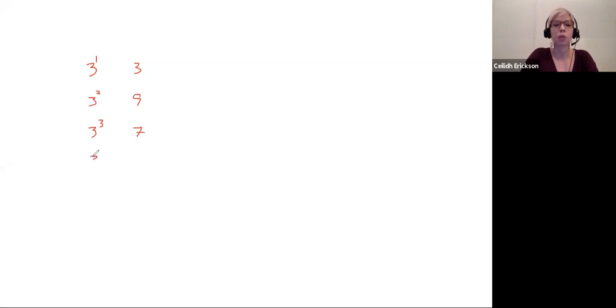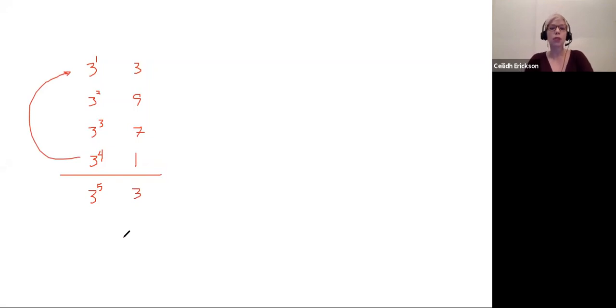And then when we're looking at 3 to the 4th, it's going to be 7 times 3 because we ignore everything but the units digit, so that'll end in a 1. And so by the time we go to 3 to the 5th, we swing back around. 1 times 3 is 3, so we repeat. It's like we're back to number 1. So the cycle will repeat every 4.